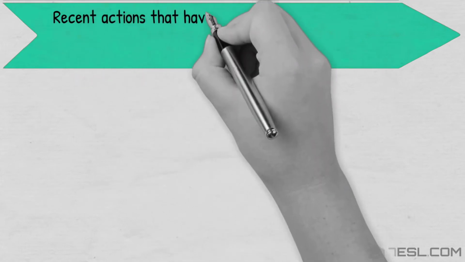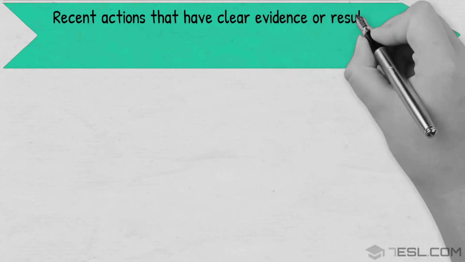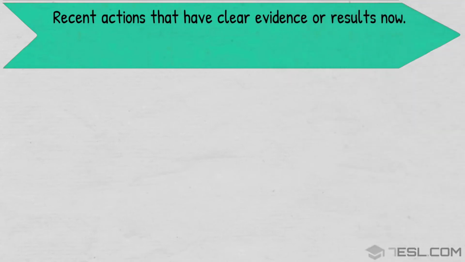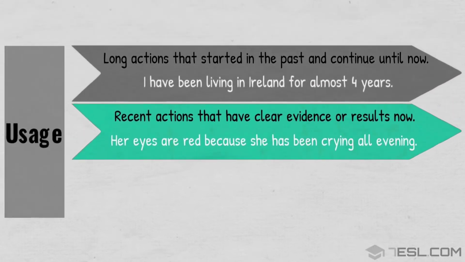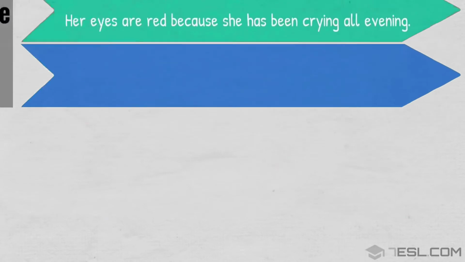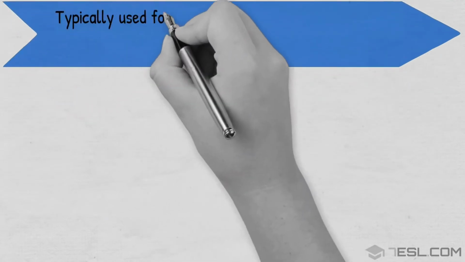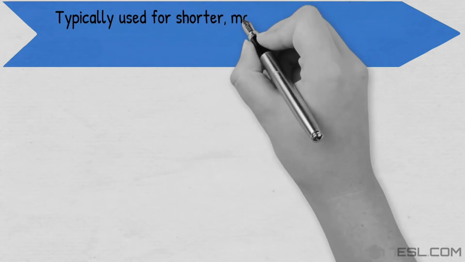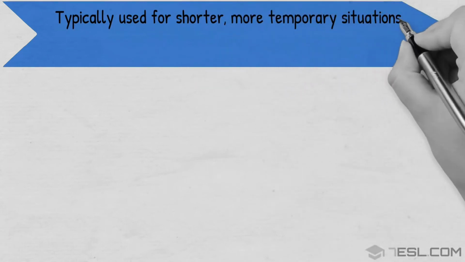Recent actions that have clear evidence or results now. Her eyes are red because she has been crying all evening. Typically used for shorter, more temporary situations.